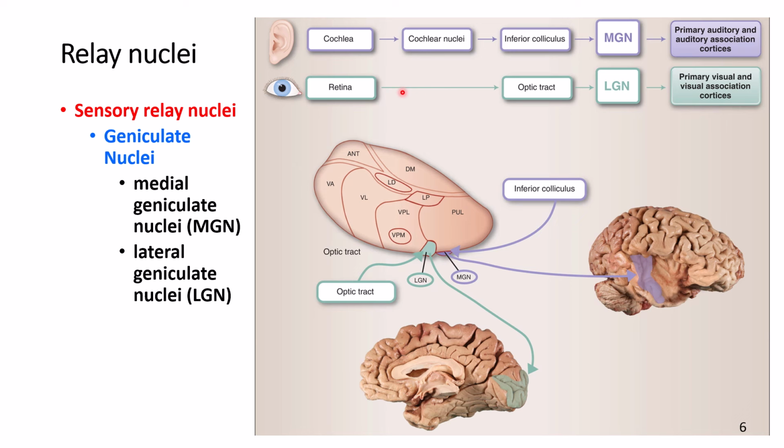So optic nerve, optic chiasm with CH, and then the optic tract, and from there it goes to the lateral geniculate nucleus, and from here it goes to the cortex of the brain, primary visual cortex and visual association cortex. That is through the optic radiation. Optic radiation, okay, so that's the name if you want to write it.